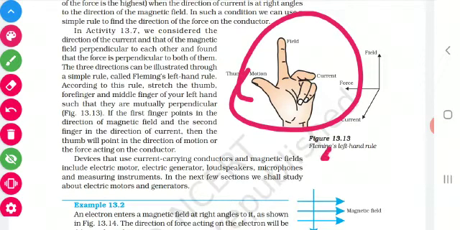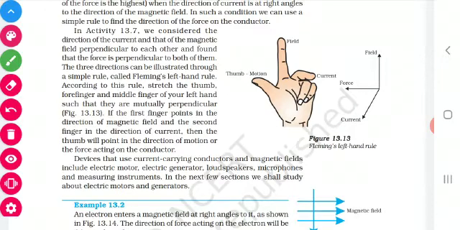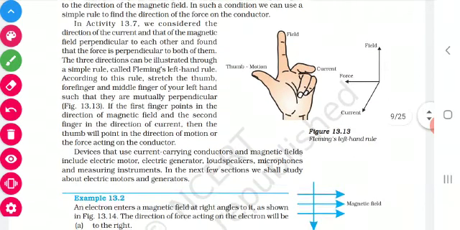Listen children, all the three fingers should be perpendicular to each other, that is, everything should be at right angles.